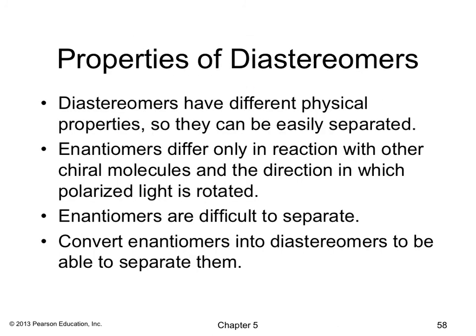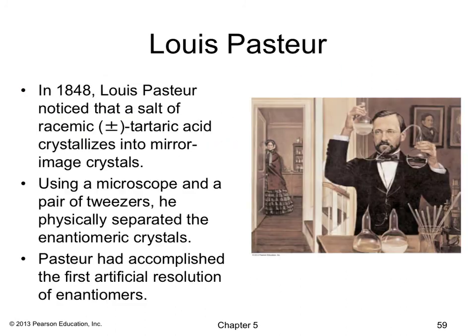Properties of diastereomers: diastereomers have different physical properties, so they can be easily separated. Enantiomers differ only in reaction with other chiral molecules and the direction in which polarized light is rotated. Enantiomers are difficult to separate, so what you can do is convert enantiomers into diastereomers, and then you should be able to separate them because they have different physical properties.